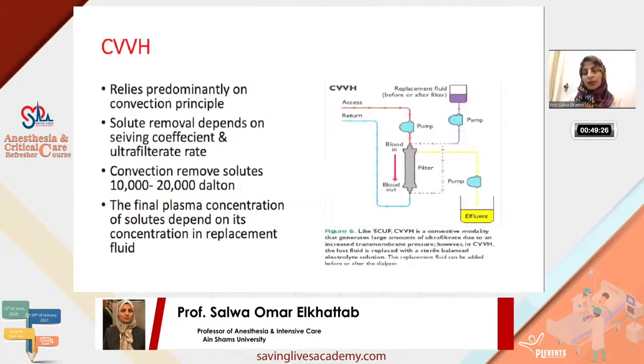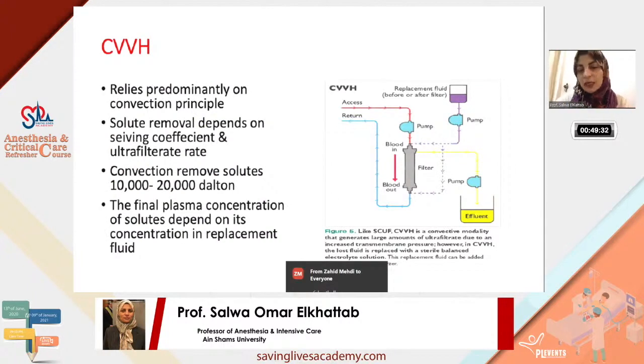This is a diagram showing continuous veno-venous hemofiltration. The patient has his hemodialysis catheter here, and we are withdrawing the blood by a pump from the patient, with a certain blood flow, to the filter, which has multiple hollow fibers. The blood passes through these hollow fibers. It is an extracorporeal filter, and a pump pressure is applied to the filter, so we can ultrafiltrate the patient.